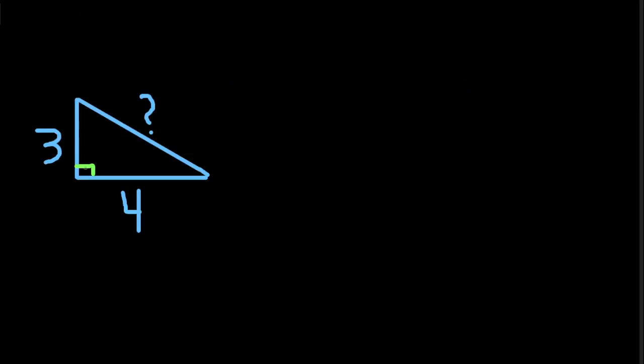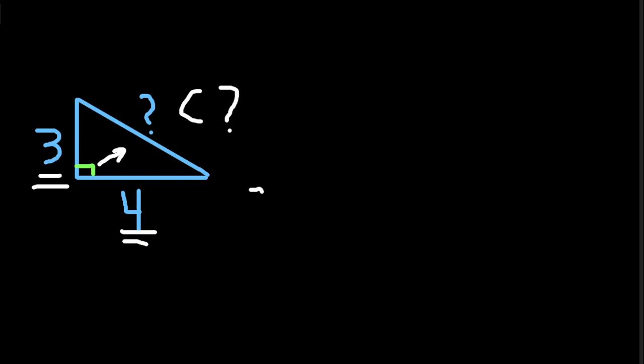Okay, so in this problem, we're given A and B, whichever way, it doesn't matter. Either way, we don't know C. C is what we want to find, because that's the one that's opposite of this right angle, which is always C. So let's follow the equation again.